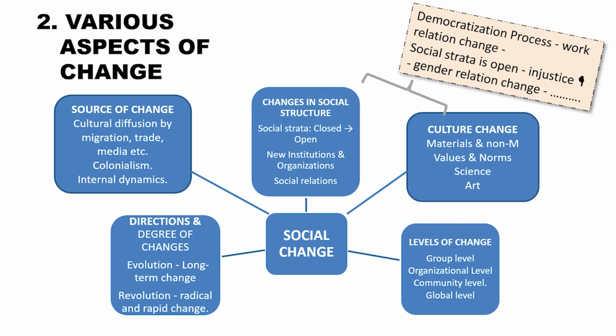Changes can also happen in the institutions of the society. For example, in the family. In the past, people were brought up in extended families and educated within this extended family and in the religious institutions.